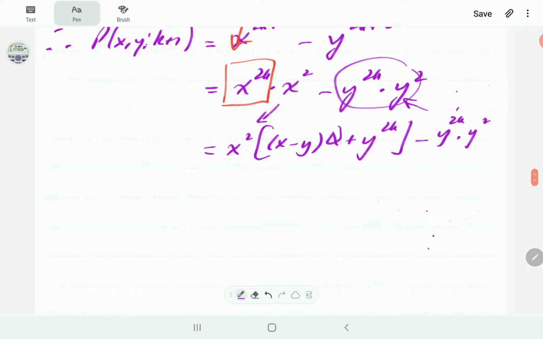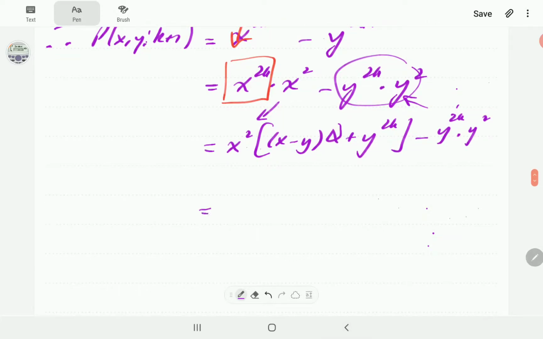And then remove brackets: x squared (x minus y) times q plus x squared times y to the power 2k minus y to the power 2k times y squared.